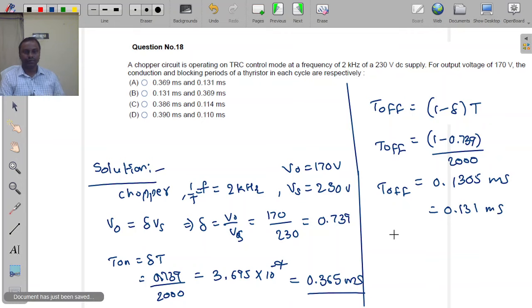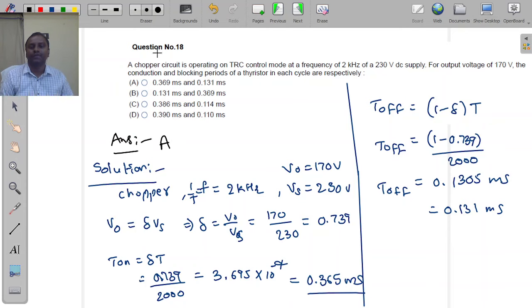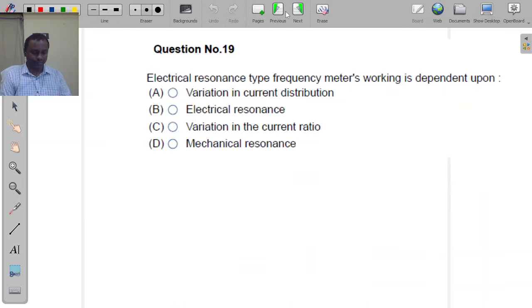From this, the answer for this question is option A. Moving into the next question.